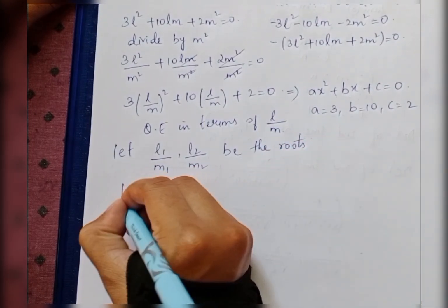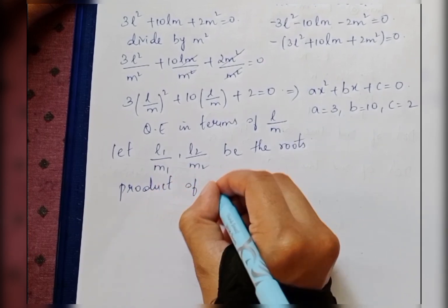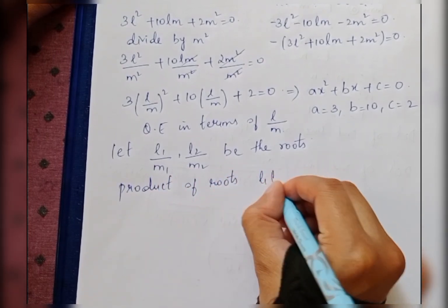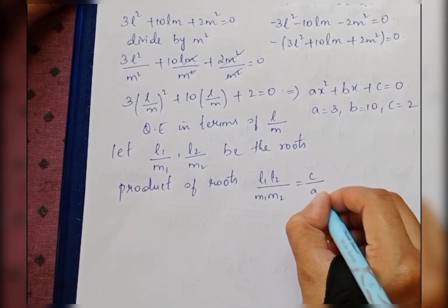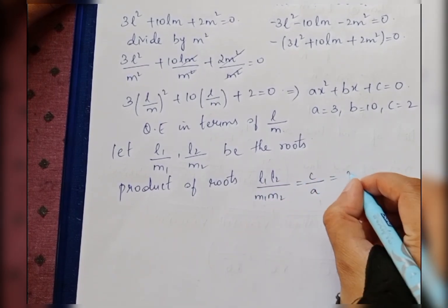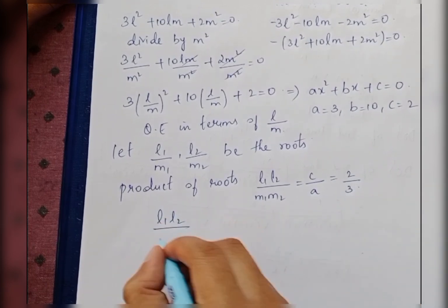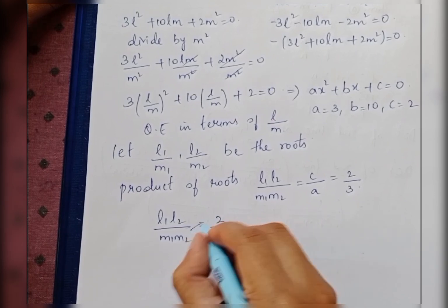So we know that the product of roots equal to l1 l2 by m1 m2 is equal to, the formula is c by a, which will be equal to 2 by 3. So our equation becomes l1 l2 by m1 m2 is equal to 2 by 3.